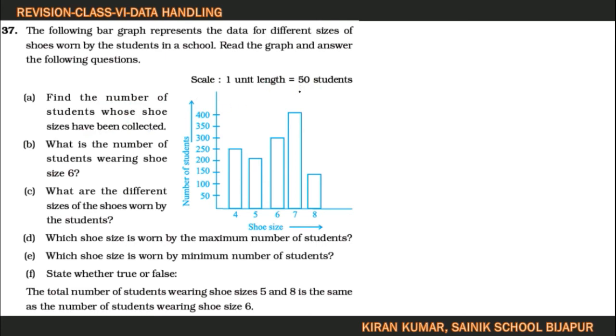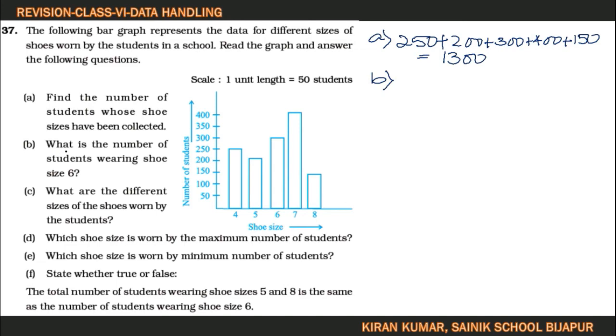Here the total number I need. The size 4 is 250. So 250 to be added to the next size is 200 and the next size is 300, next size is 400 and the size 8 is 150. The sum of these will be 1300.